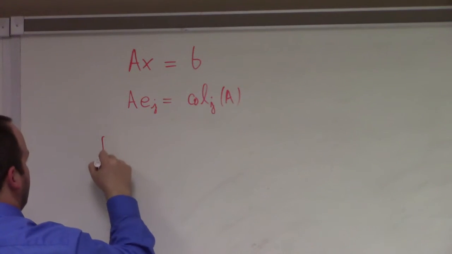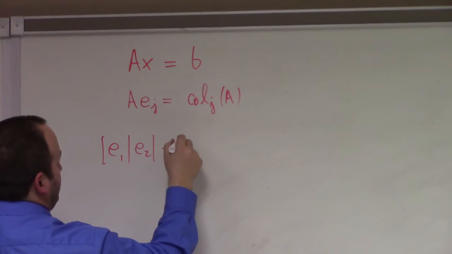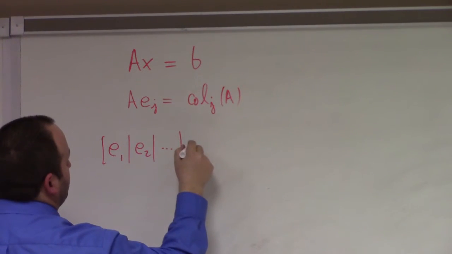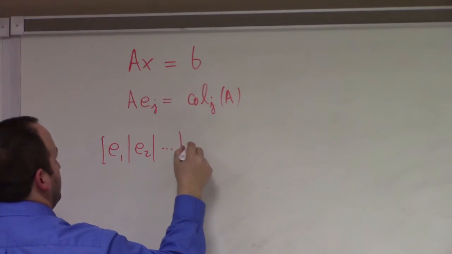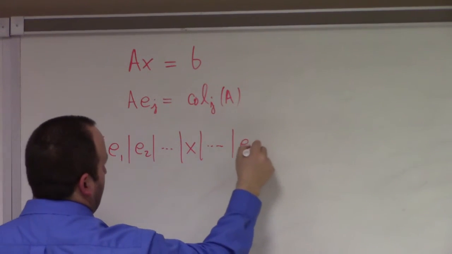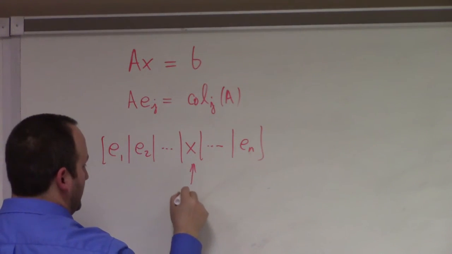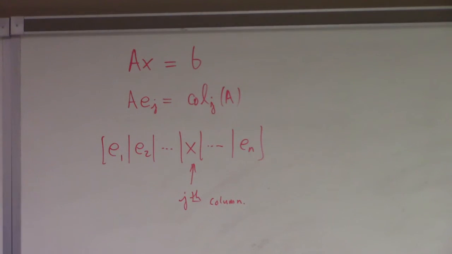If I take E1, E2, dot dot dot, X, En, and let's suppose that X is in the jth column, you could look at that, right? Nothing stopping us. You say, why are you looking at that? I have my reasons. Relax. They'll become clear enough.